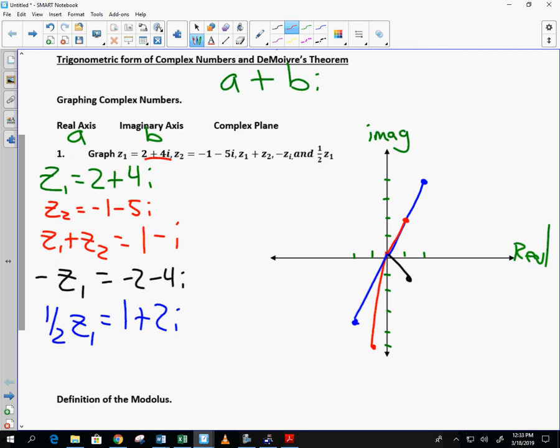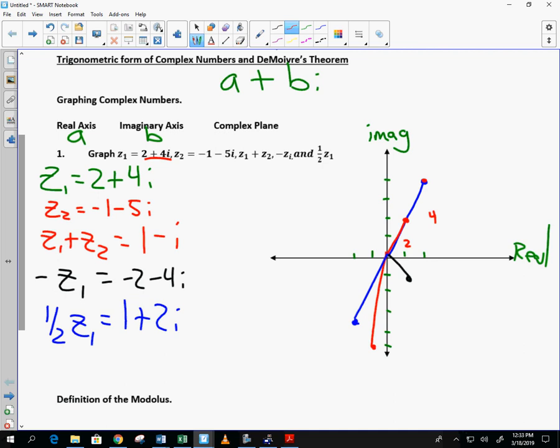If you wanted to find how far this was from the origin, what would you do? Distance formula. Where does the distance formula come from? The Pythagorean theorem. Couldn't we just say, well, it's over 2 and it's up 4, so 2 squared plus 4 squared is that squared, right?